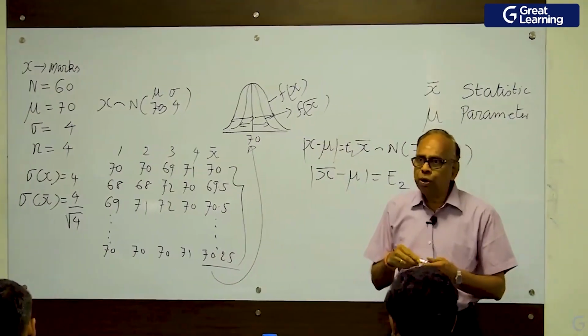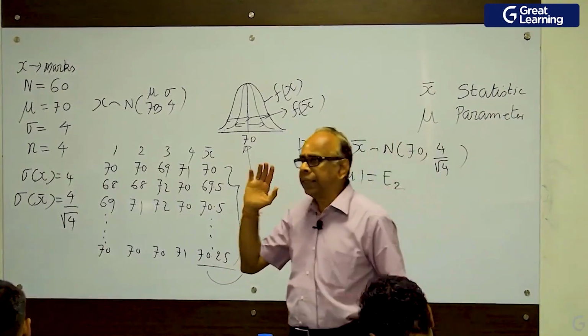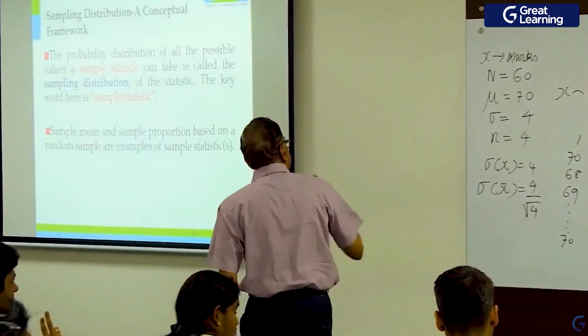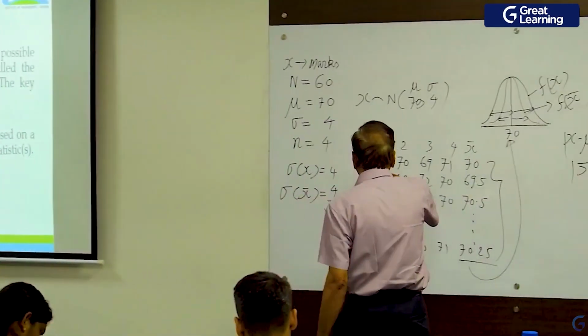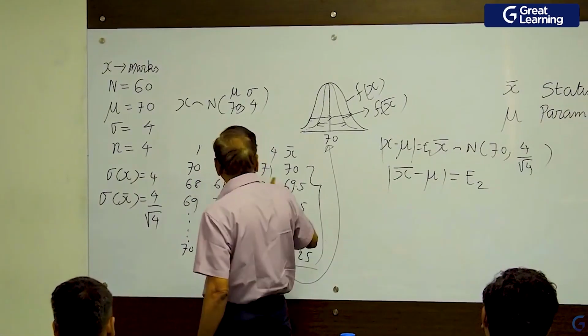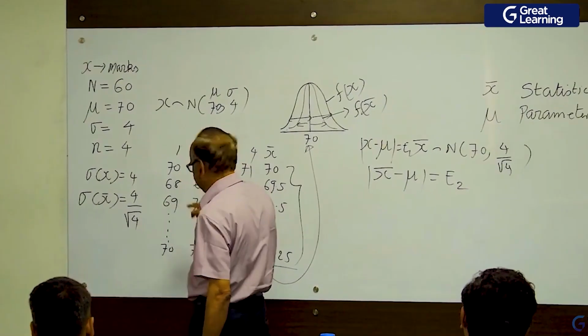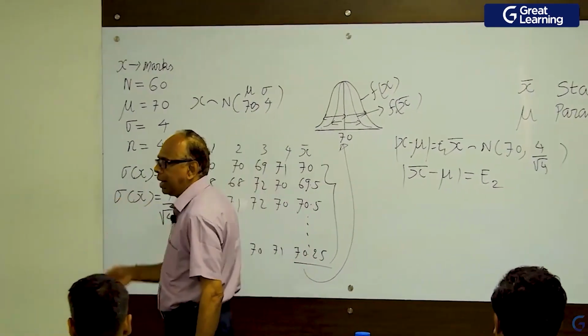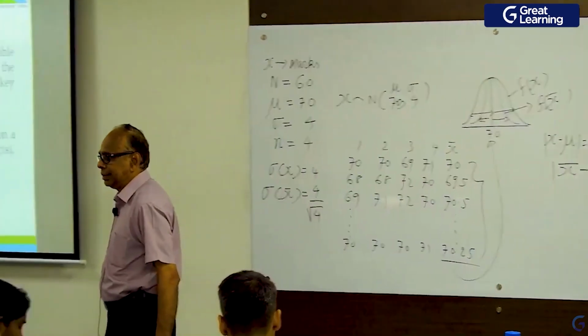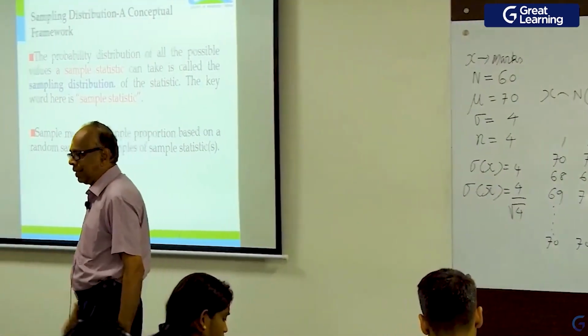In other words, in the original, I have taken no sample. I have taken each one as a sample. And therefore, suppose somebody says the class average, the x bar, is let's say 70, but the actual mark is 69. So 70 minus 69 here.